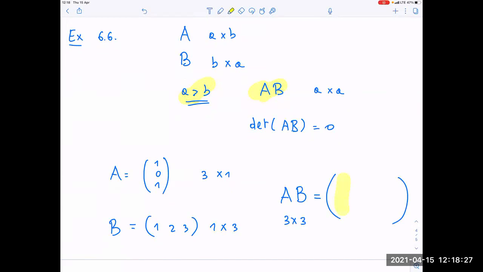But what can we say about the columns, for example, of this matrix here? They are easily determined, right? Because they are all multiples of A. So they are 1, 0, 0, because I use this number here. Then it's going to be 2, 0, 2, because I use this number here. And it's going to be 3, 0, 3, because I use this number here.